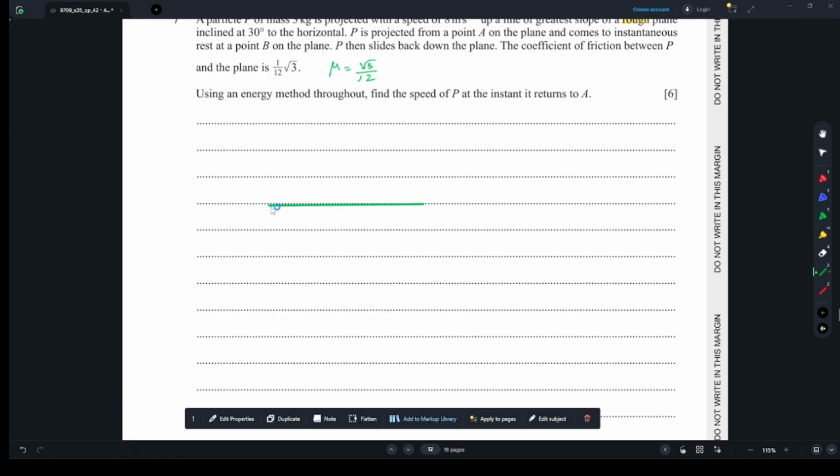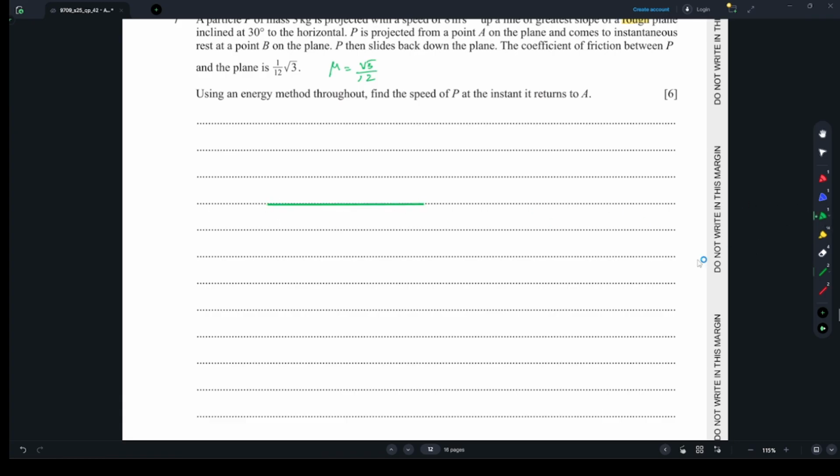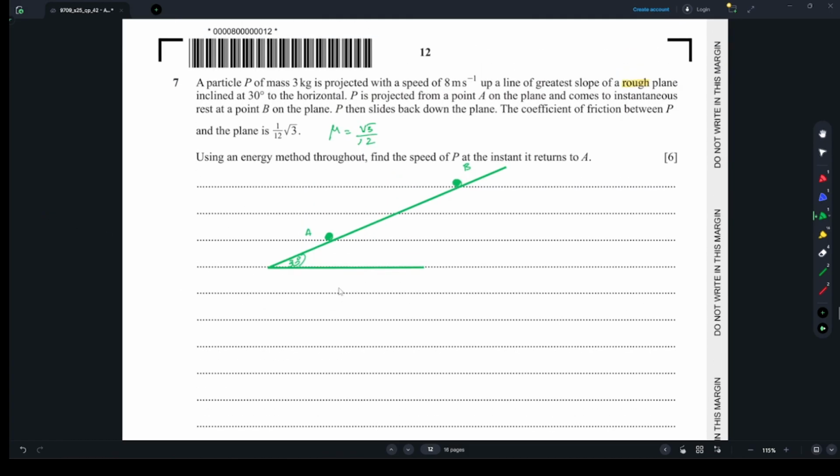So we have this horizontal plane, okay, and then we have this inclined surface, so the angle is 30. So let's say we are projecting from here, this is point A, and here this is point B, okay, right.